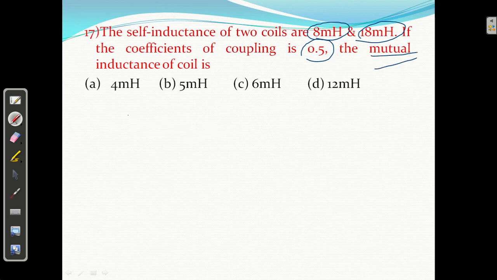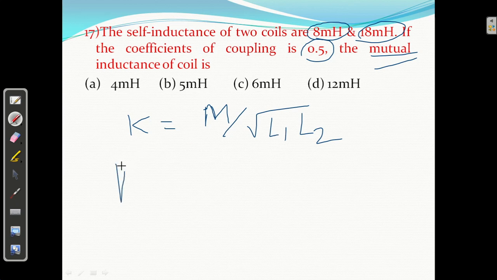We know K, the coupling coefficient, equal to M upon root L1 L2. We know this formula, K equal to M upon root L1 L2.